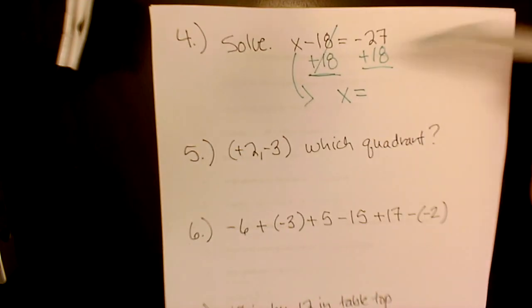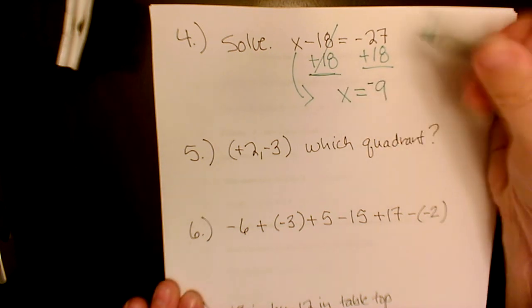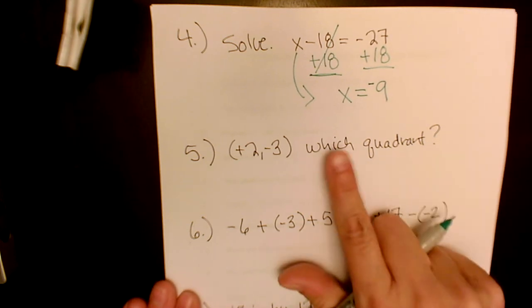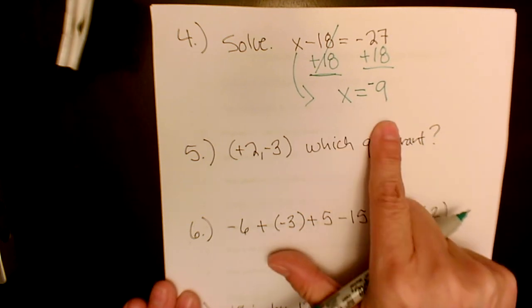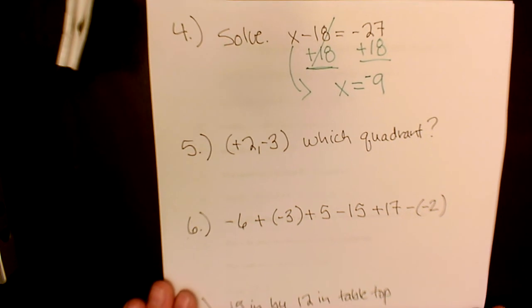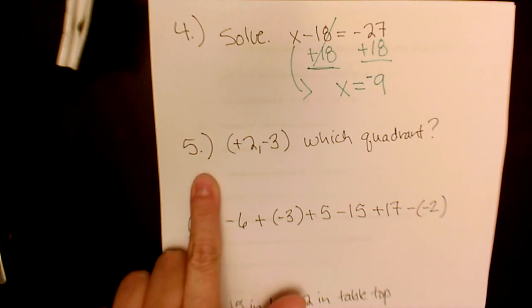So 27 minus 18 is 9, but it's a negative 9 because there are more negatives with the 27. So x is negative 9 for 4. And I'm going to stop there, and we'll pick up with 5.